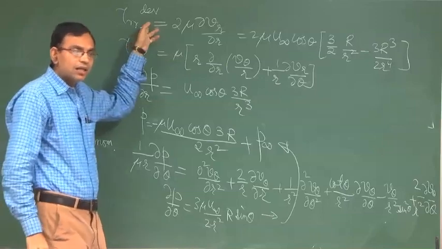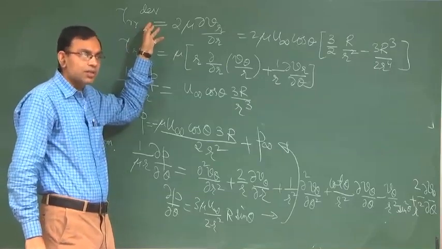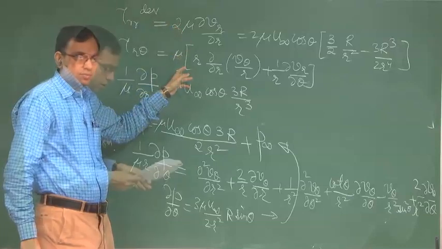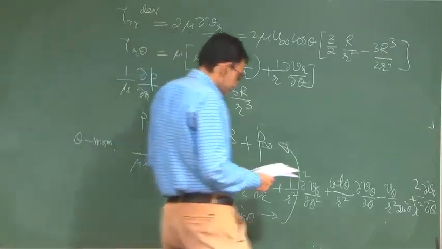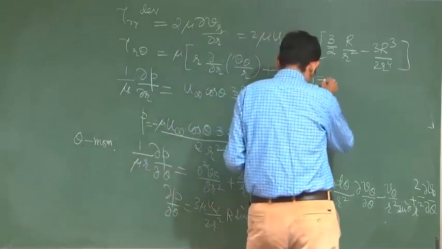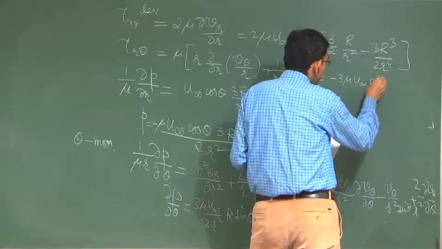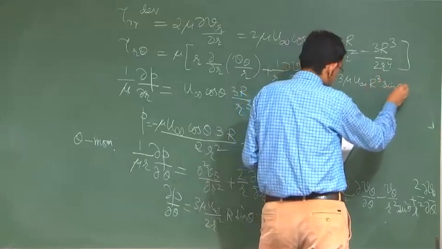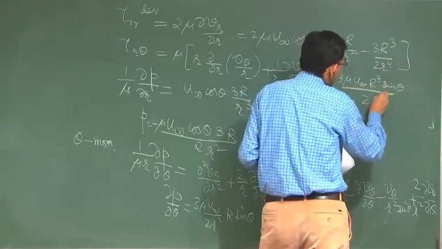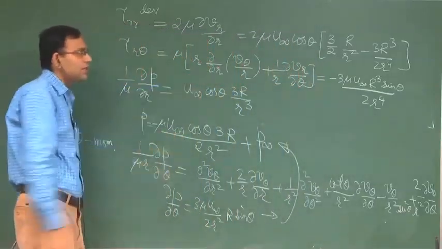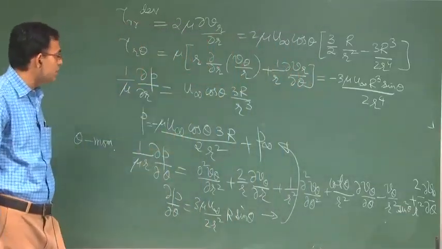As I told earlier, viscosity also may give rise to normal stress. So this is viscous normal stress, this is viscous shear stress. If you put all these, this will become minus 3 mu u infinity r cube sin theta by 2 r to the power 4. Again substituting v theta, Vr and doing the derivative part.